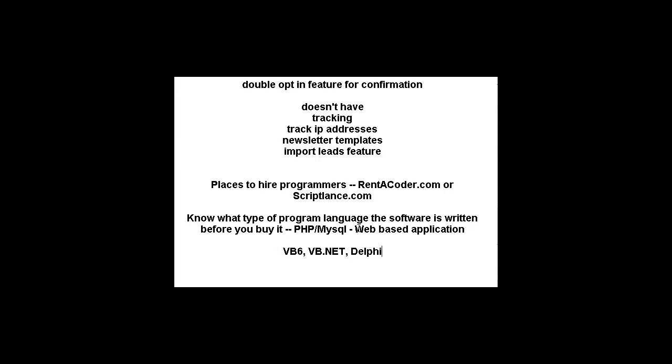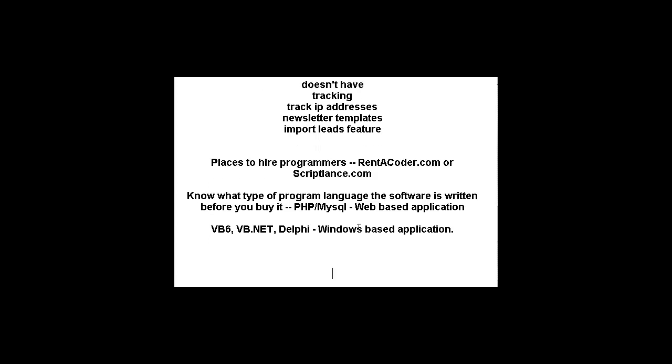VB6, VB.NET, and Delphi are mostly used for Windows-based applications. Okay, so now that you know what the software script is made of, let's say that our program is a PHP and MySQL application.